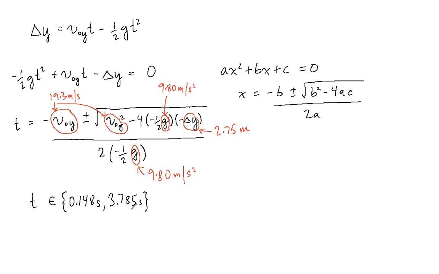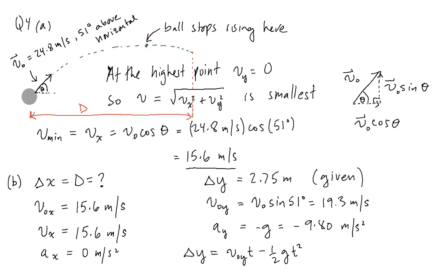And so which one is the one that you pick? Which of these two do you take and use? Well, you have to go back here and take a look at this. You notice that one of my solutions for time was a smaller number and one was a bigger number. So what exactly is going on? What this is saying is that there are actually two points in time when the ball is up at the height of 2.75 meters.